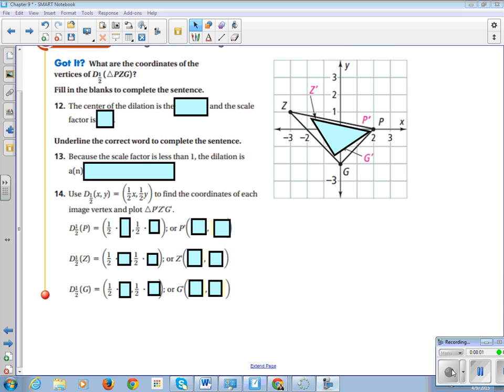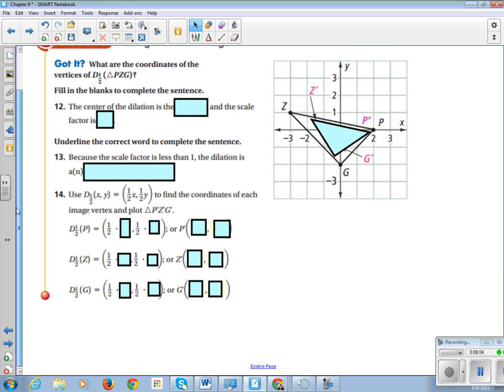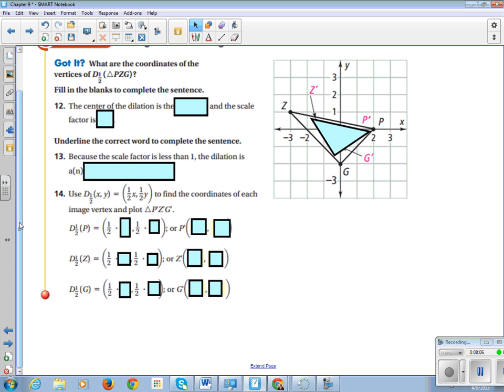All right, so let's look at this problem number 2. Finding a dilation image. What are the coordinates of the vertices of D, 1/2, which means my scale factor is 1/2, of triangle PZG? PZG is this guy here. So the center of dilation is the origin, because when they don't give you one in the problem, we just assume the origin, and the scale factor is 1/2.